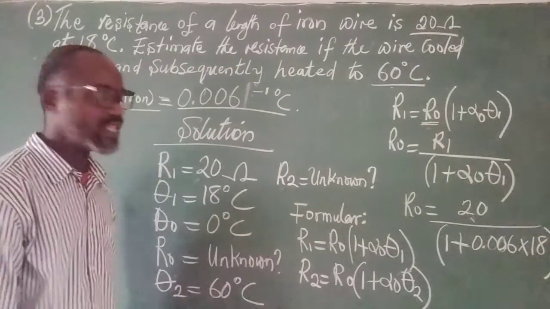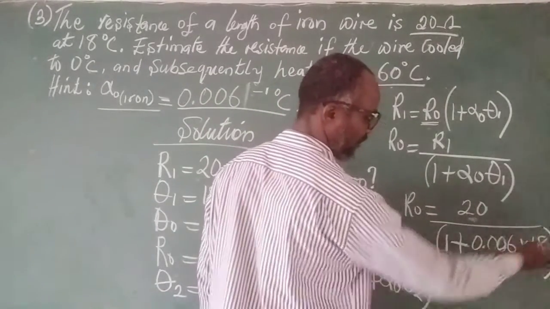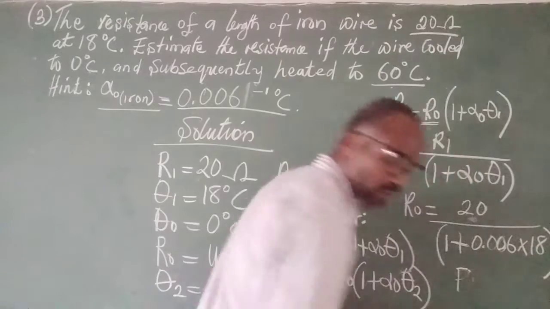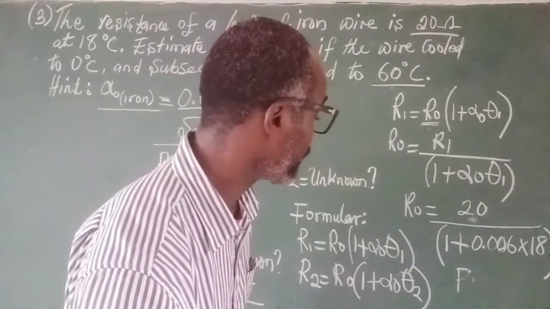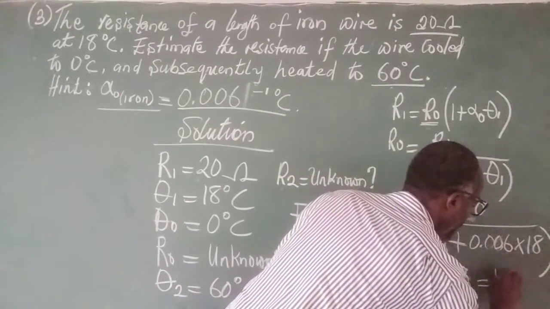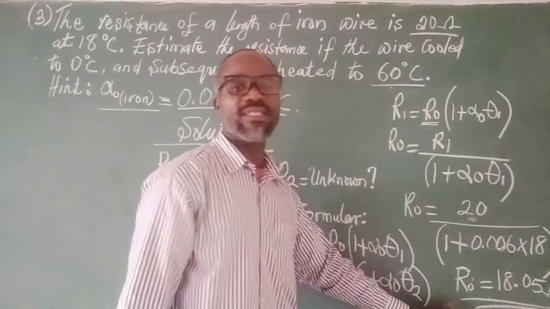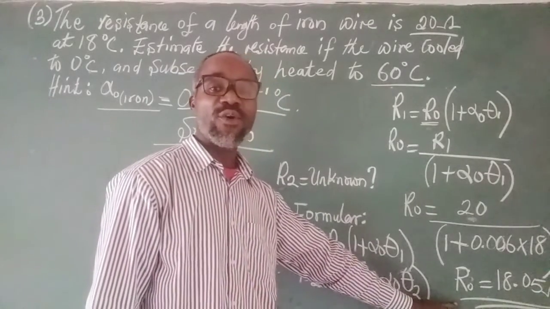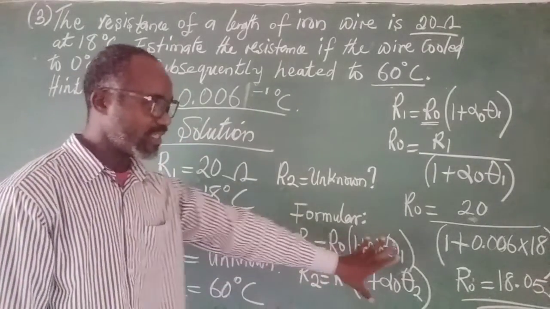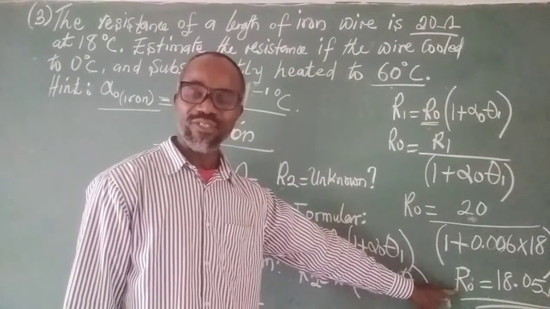If we simplify this, 20 divided by 1 plus 0.006 times 18, we have the resistance of the wire when the temperature is 0, that is R0, equal to 18.05 ohms. So we have found the resistance of the wire when the temperature is 0 degrees Celsius.